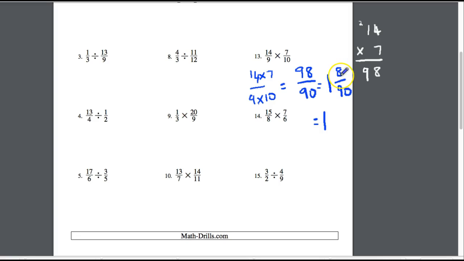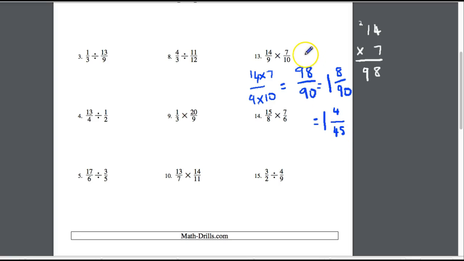Because 8 and 90 are both even numbers, I knew that straight away. So I'm just going to halve this, okay, instead of thinking about all the factors. So we've got 8 and 45. Okay, so this simplifies down to 1 and 4 over 45.